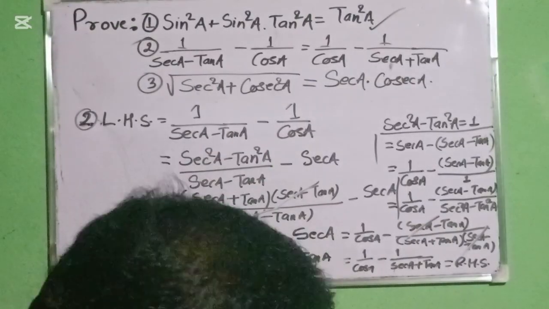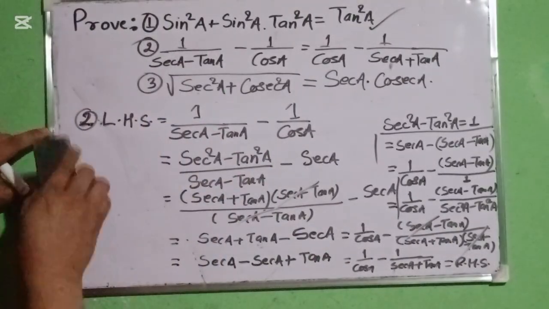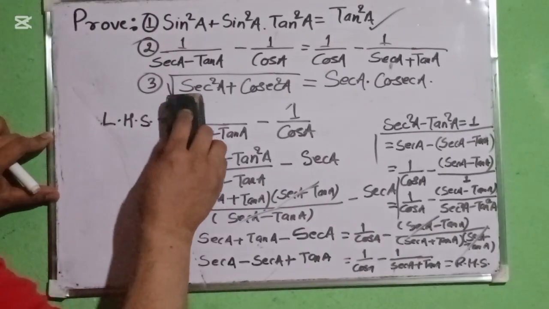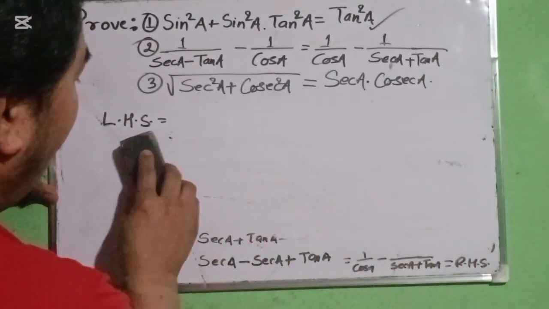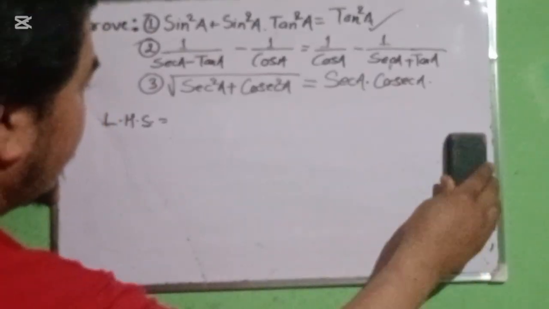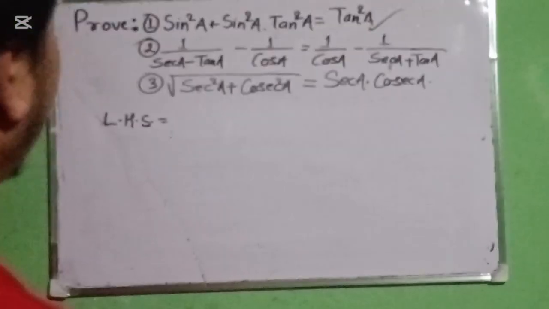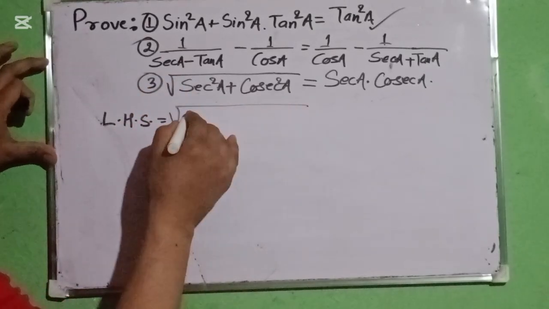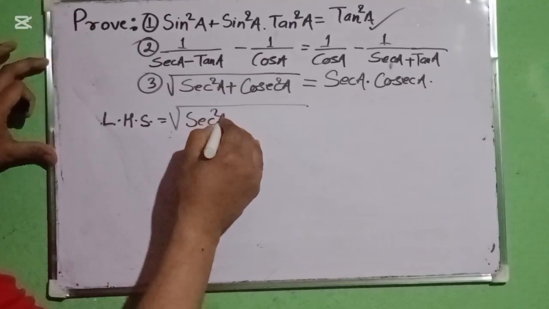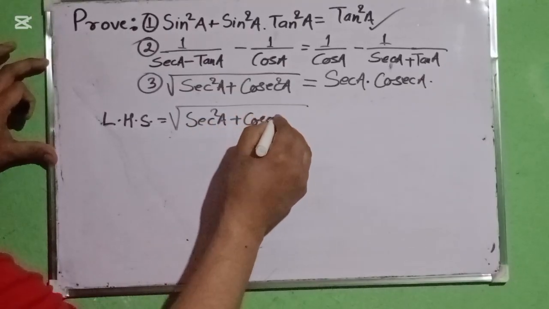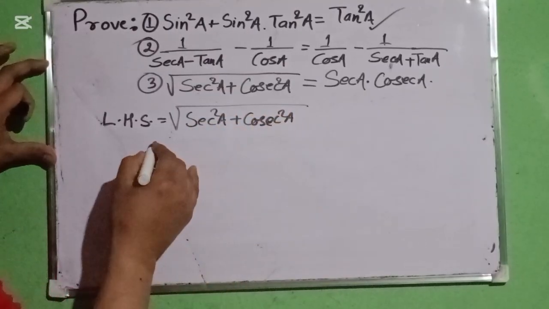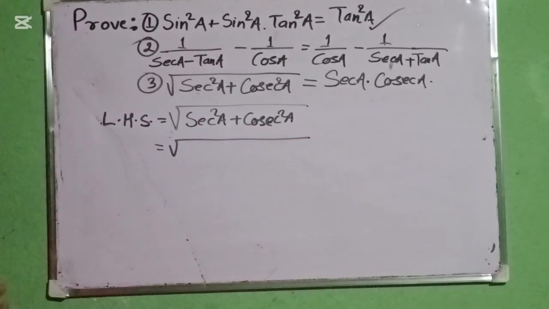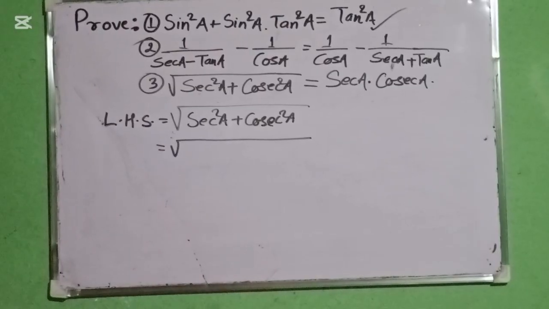Now look here, I want to go to question number 3. In question number 3, the left hand side given is square root of sec square A plus cosec square A. Then we know what sec square A means.